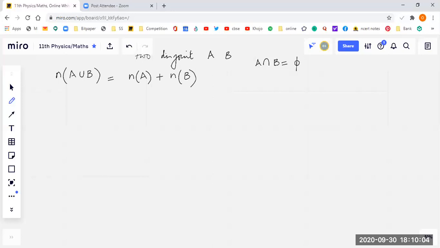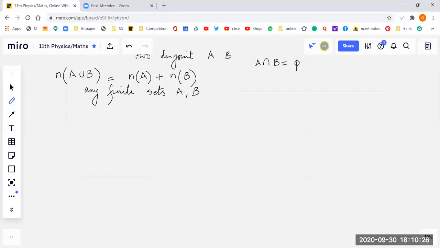Okay, but in case we have any finite sets A and B. Now, when I say finite sets, they may be disjoint, they may not be. There may be something common in them.